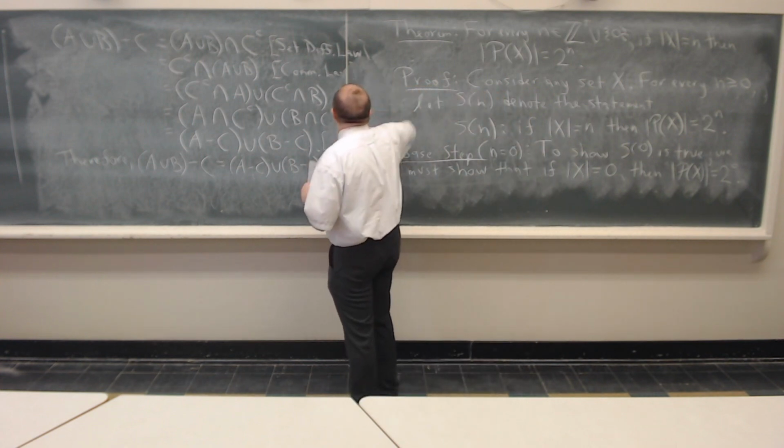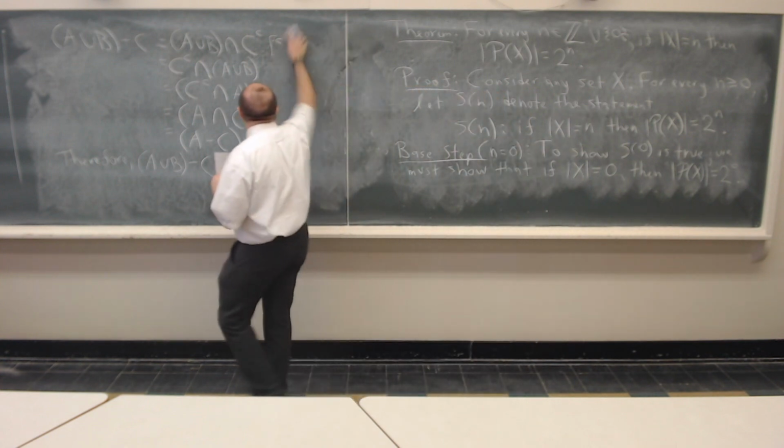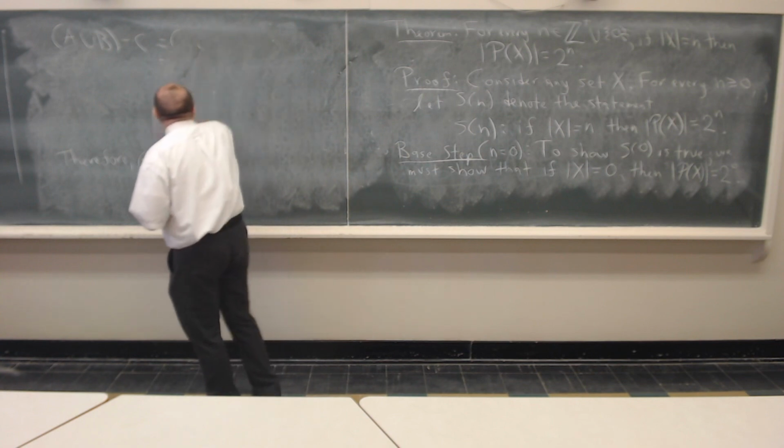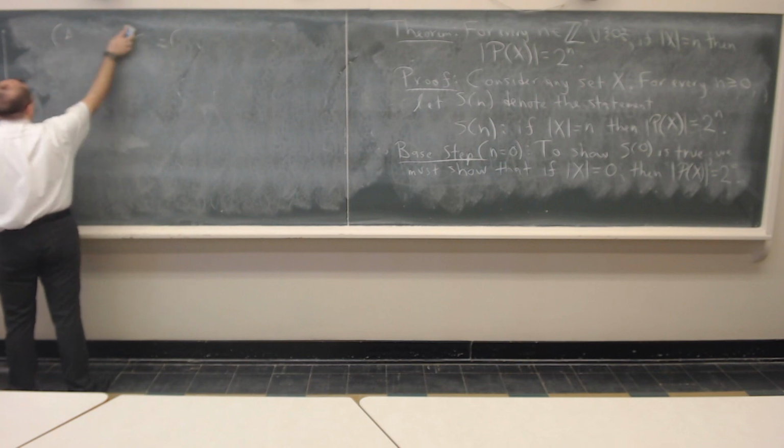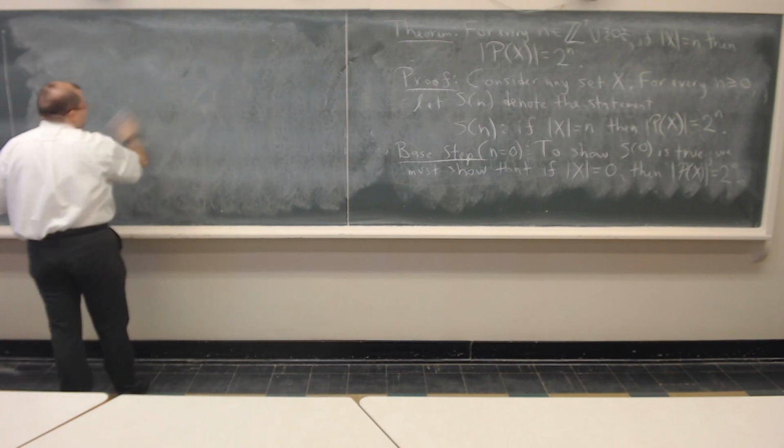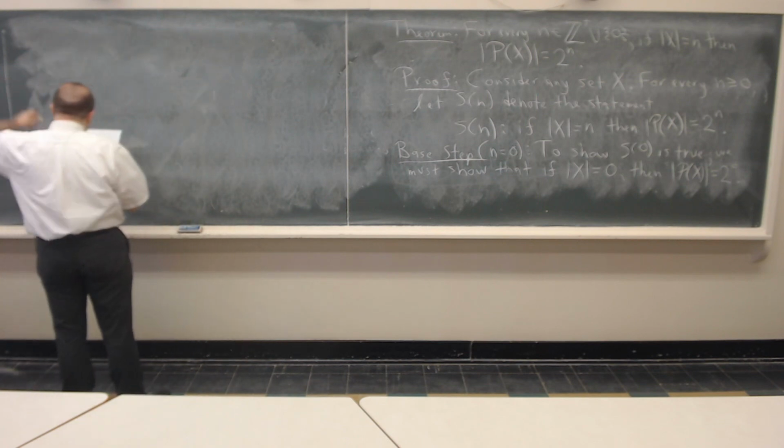I'm just going to continue the base step up here. Sometimes when you're dealing with these somewhat more complicated statements, I want to make sure I state what I'm going to do.